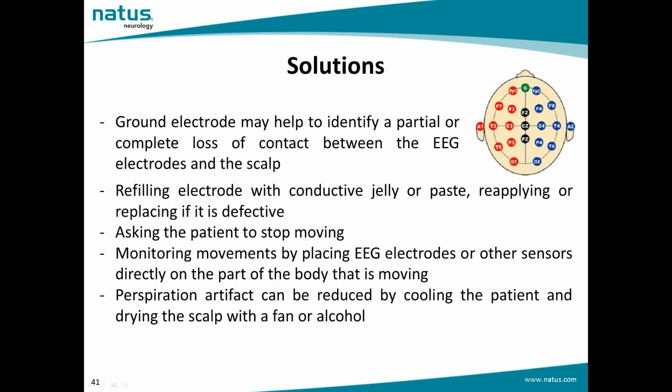In addition to carefully observing the patient and the recording and making frequent notations regarding movement, the technologist should identify and monitor movements by placing EEG electrodes or other sensors directly on the part of the body that's moving, for instance on the arms or legs for recording the muscle movement.